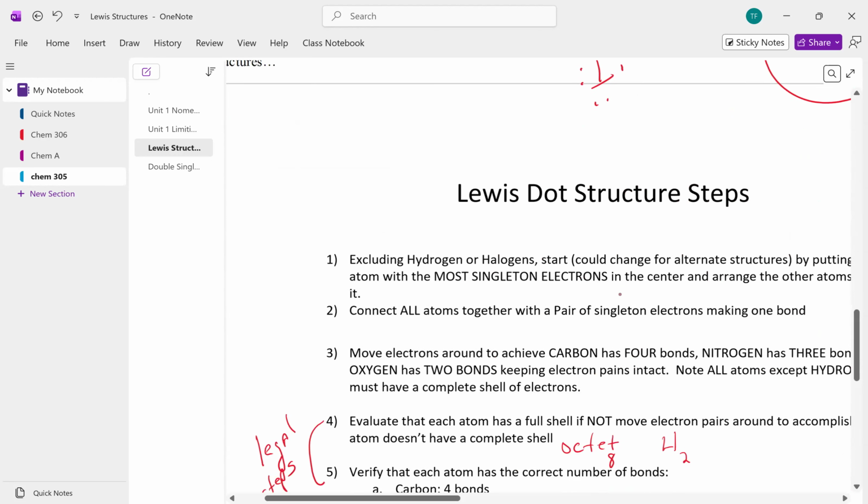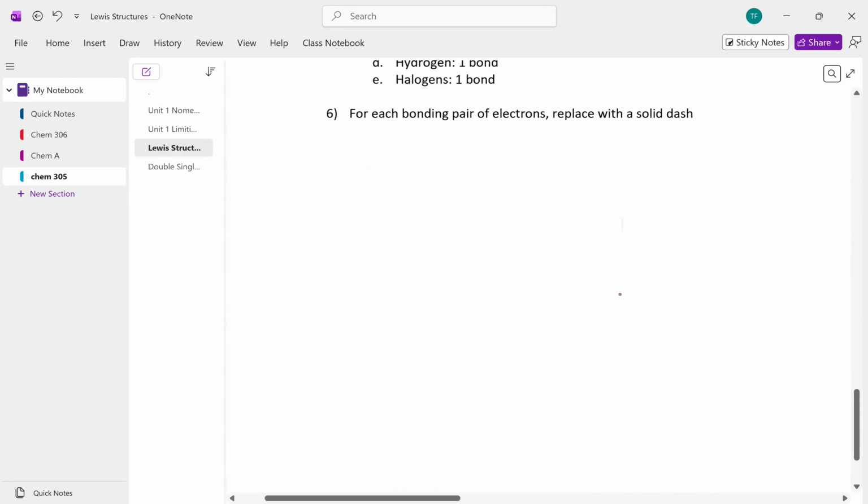Okay, so let's do a fancy one here. Let's do C2H4. This is ethylene gas. Ethylene gas is produced by bananas to ripen fruit, including itself. So this gas is what they inject. With apples, for example, they pick them all in the fall.